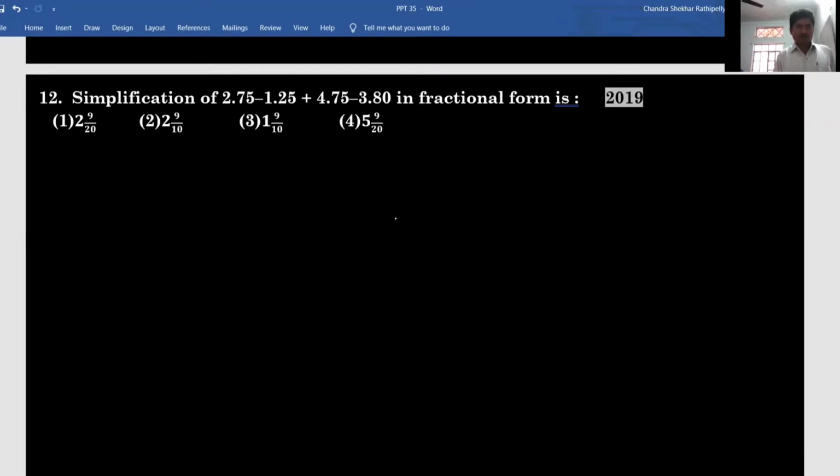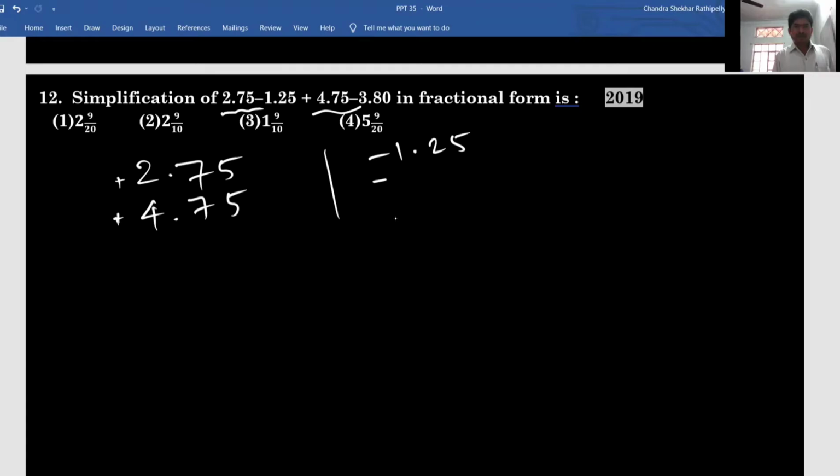The plus numbers are 2.75 plus 4.75, and the minus numbers are 1.25 and 3.80.